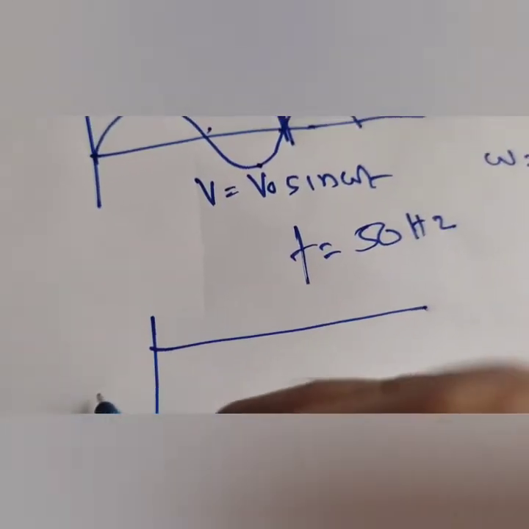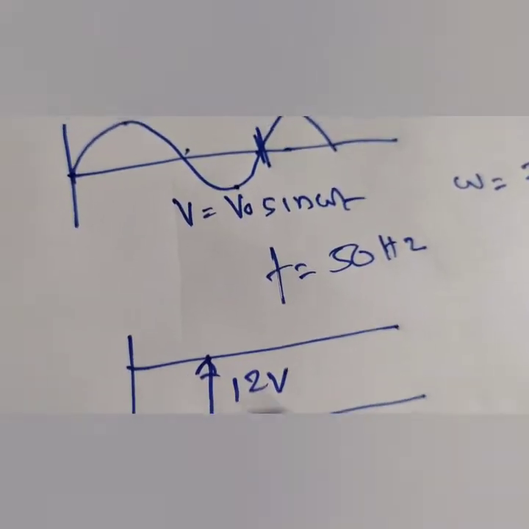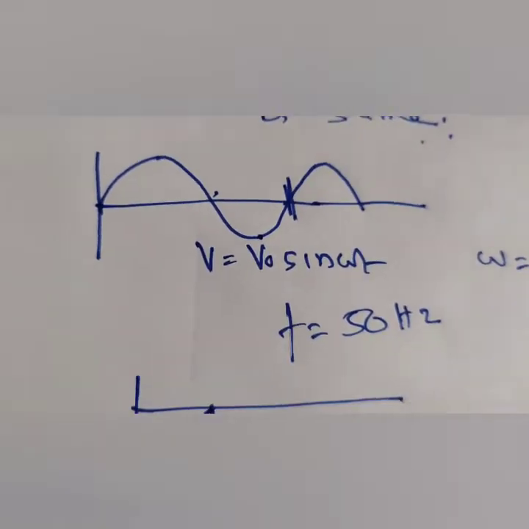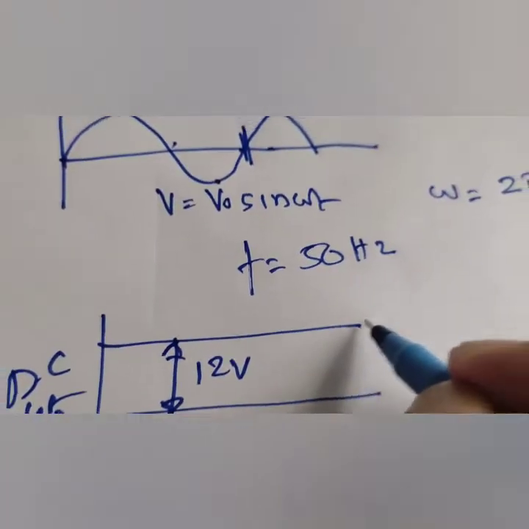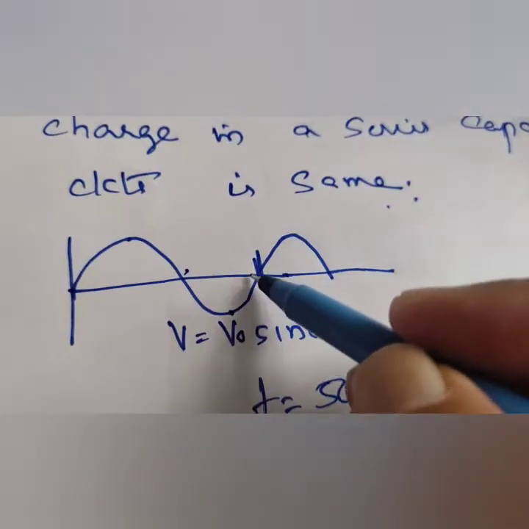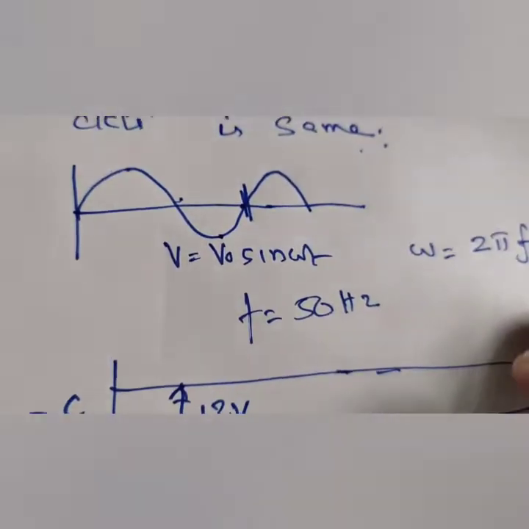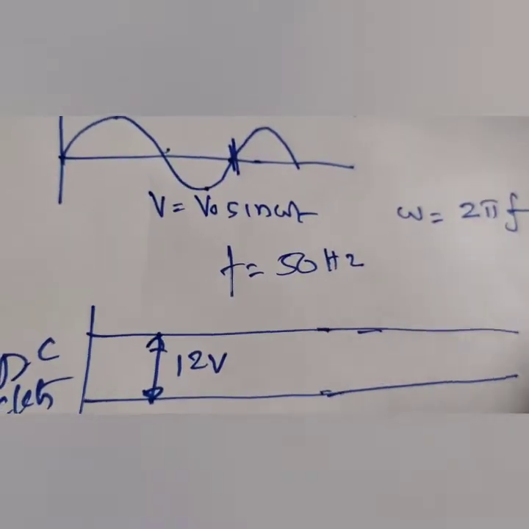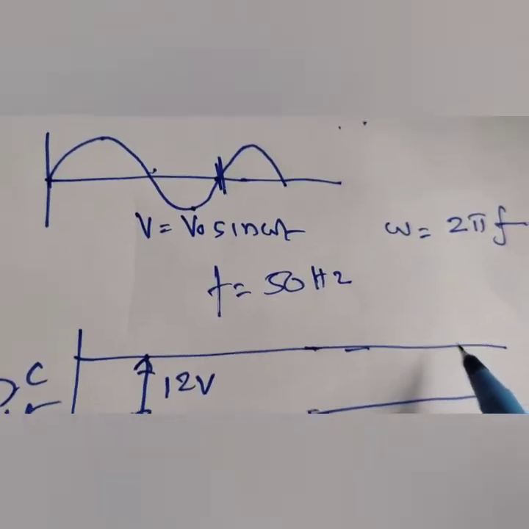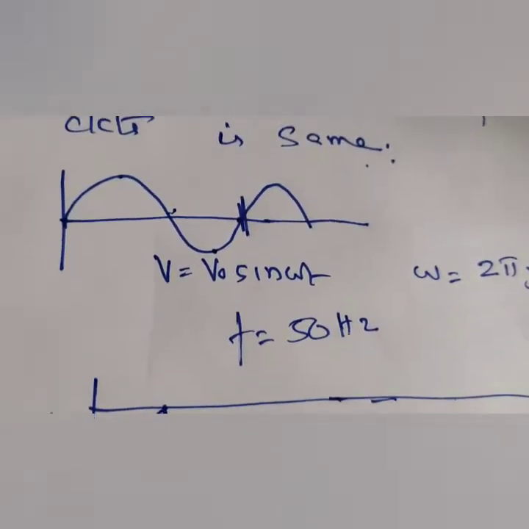If it is 12 volt, it is 12 volt everywhere, with no change. It will not come to zero. But in an AC circuit, the voltage goes to zero, then to maximum and minimum. So DC is more dangerous than AC if the voltage is high.